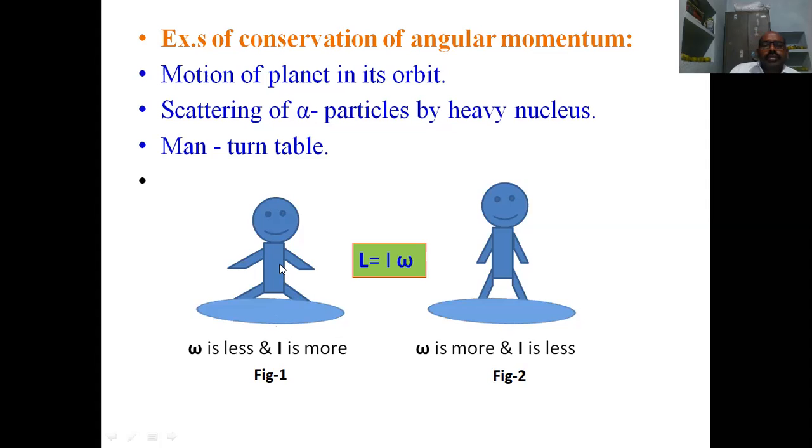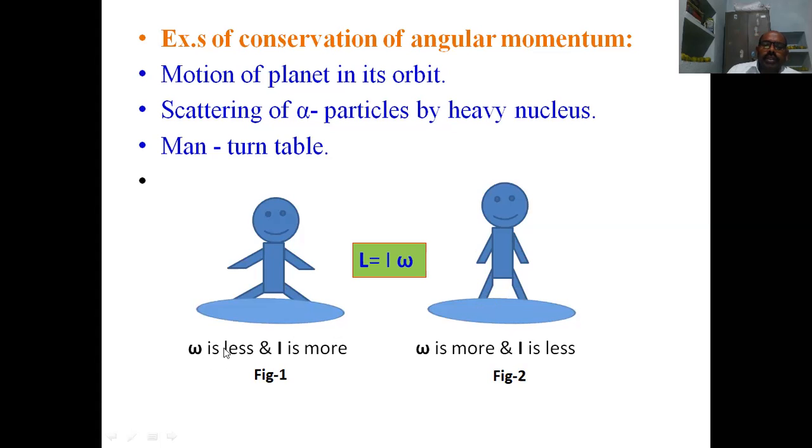And if he brings his hands down to his sides and brings his legs close together, in this case the angular velocity of the turntable increases and the moment of inertia decreases. So in the earlier case, moment of inertia is more and angular velocity is less.